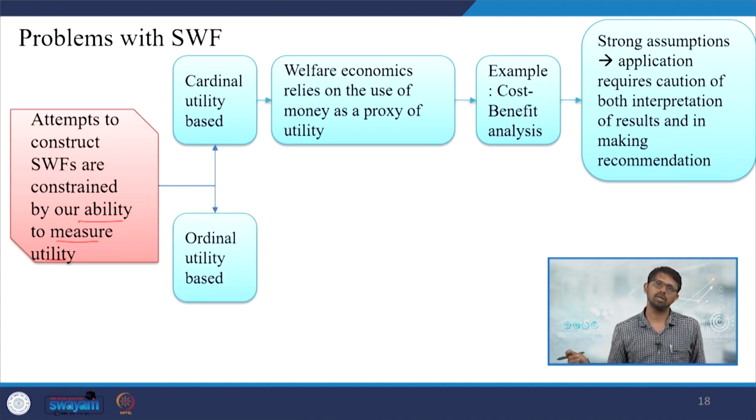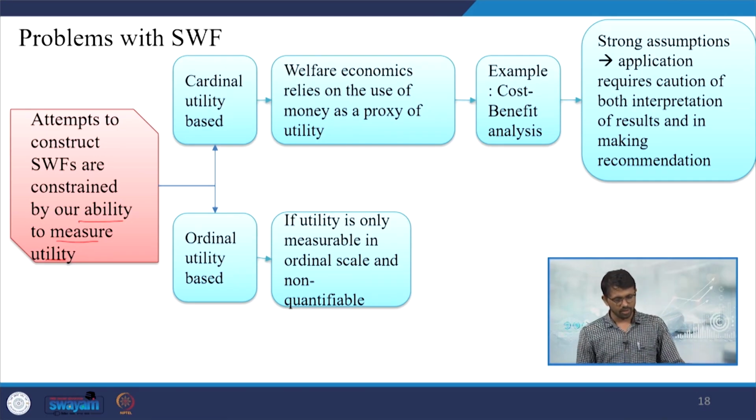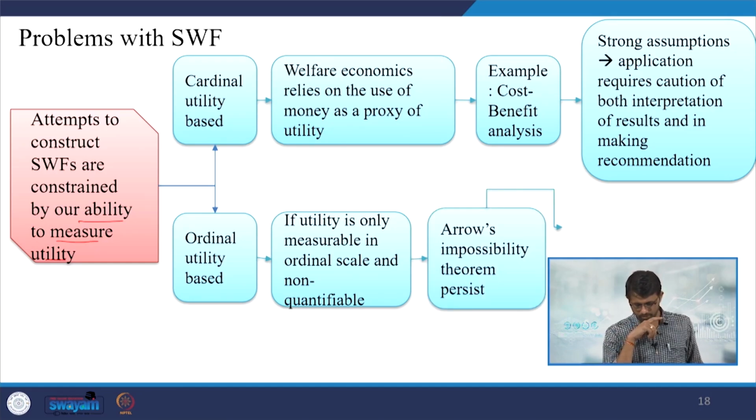recommendation. Whereas in the case of the ordinal one, we are able to compare. It is through the ordinal values that it is possible to compare another combination. However, if utility is only measurable on an ordinal scale, it is still not quantifiable, and we also discussed part of Arrow's impossibility theorem where this scale is used, and if time permits we will also give further directions to it.